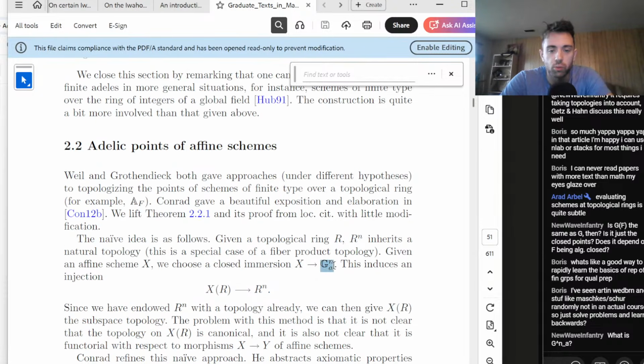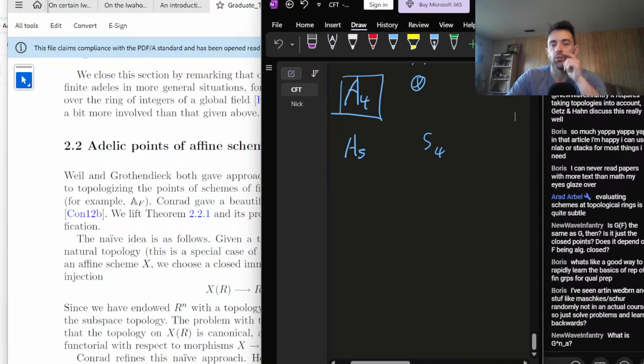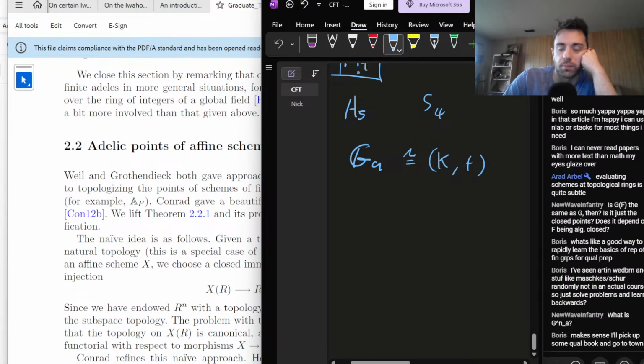So this is the group, this is the additive group G_a. But this should be a functor, right? So G_a, we basically think about this as your field, the additive group of your field. So this is basically just like affine space, except now we want to take the functor of points perspective, right?